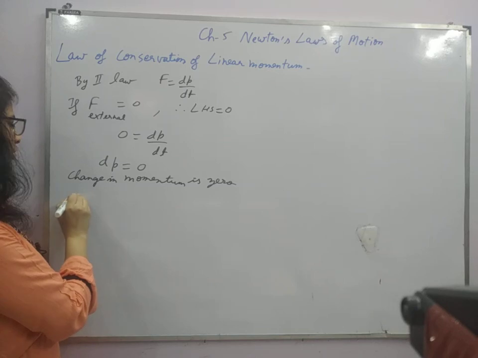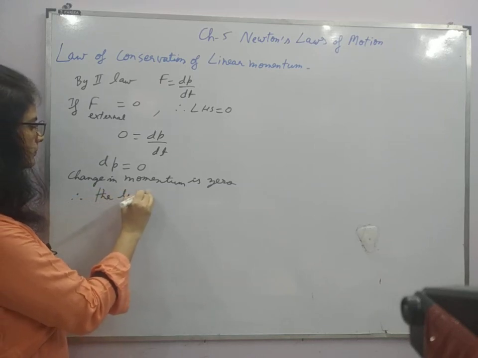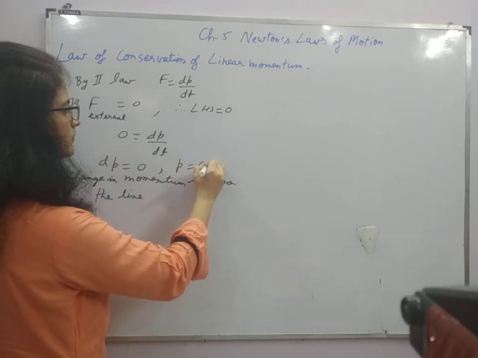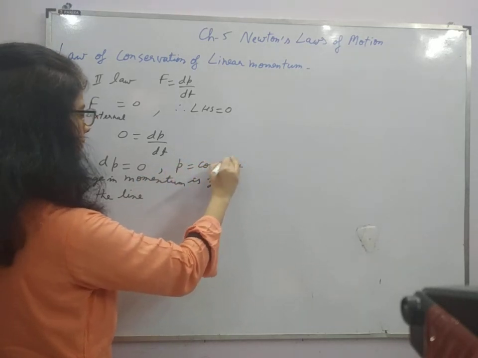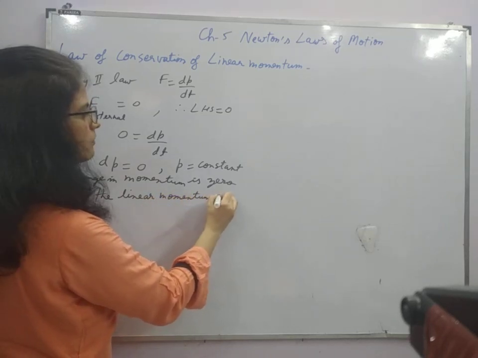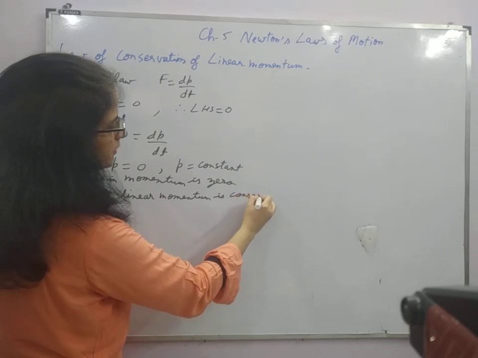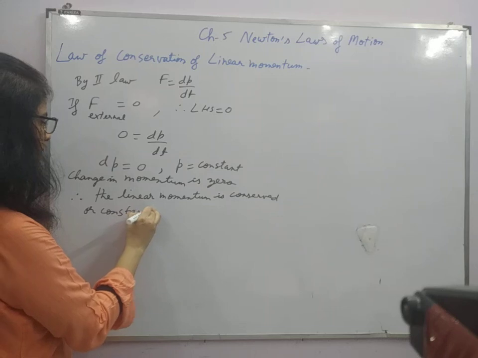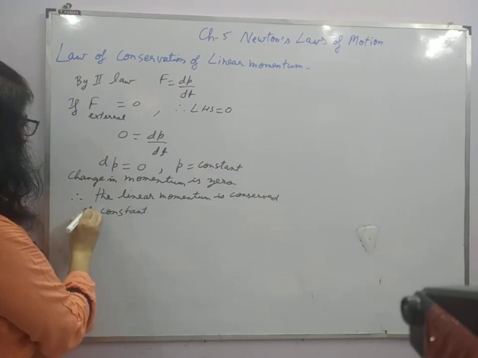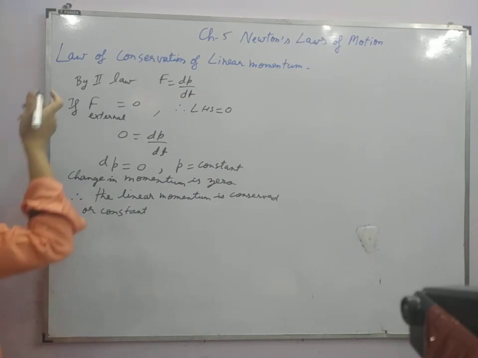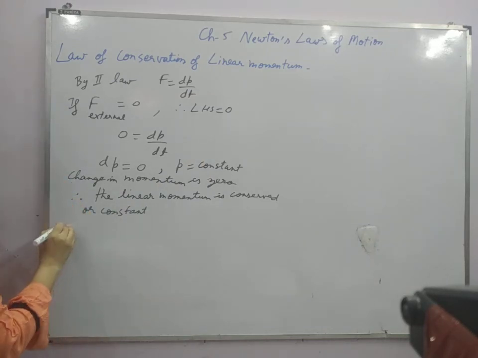So you can say, therefore, the linear momentum is conserved or constant. Conserved means constant. So if there is no change, that means it is constant. So what will be the statement? The law of conservation of linear momentum.